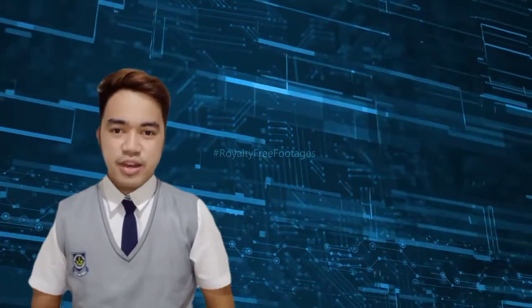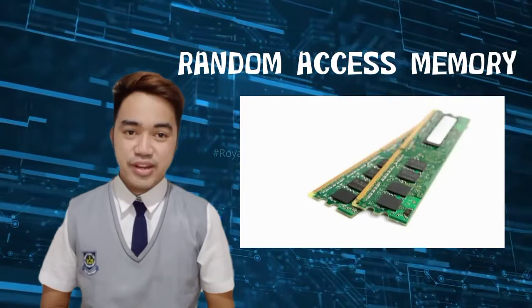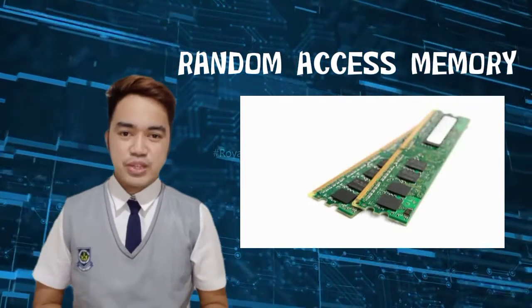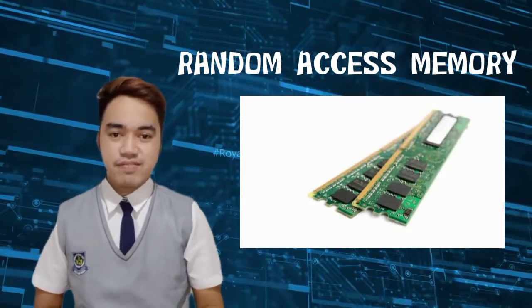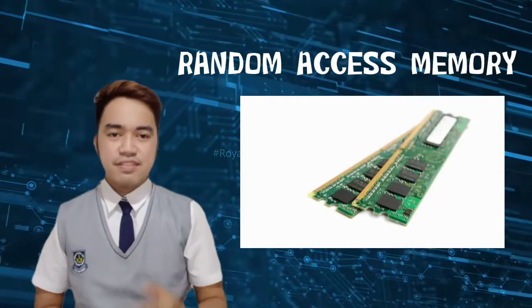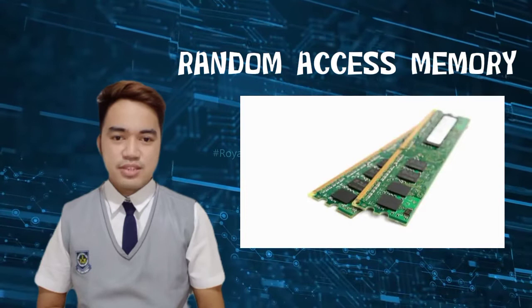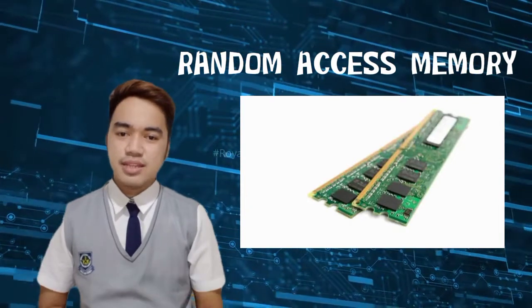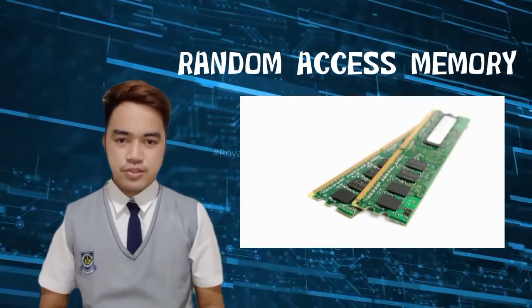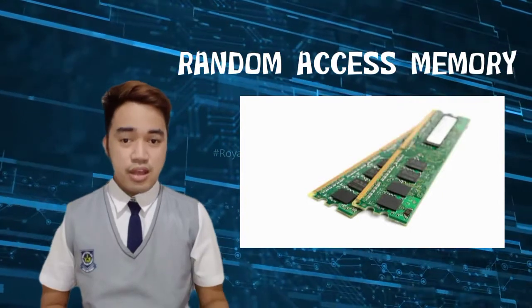Okay, the fourth one is the random access memory or the RAM. RAM is a data storage device that can provide fast read and write access. RAM is also volatile, which means that it loses all the stored data when power is lost.